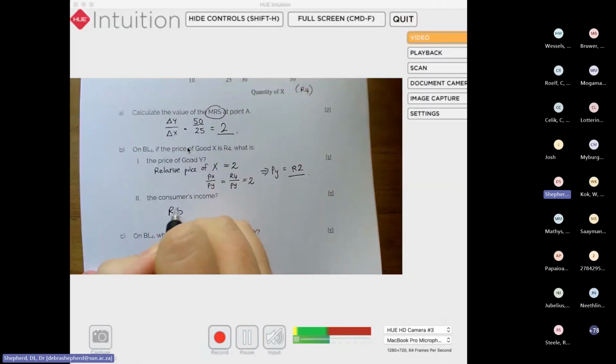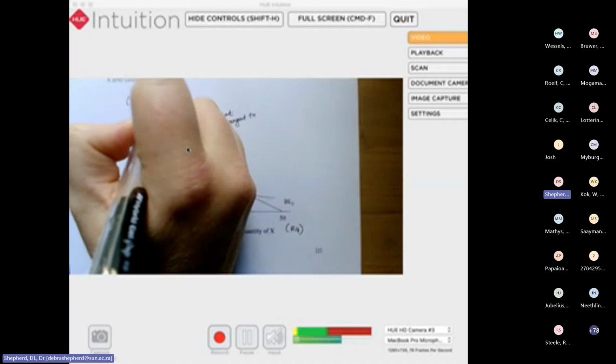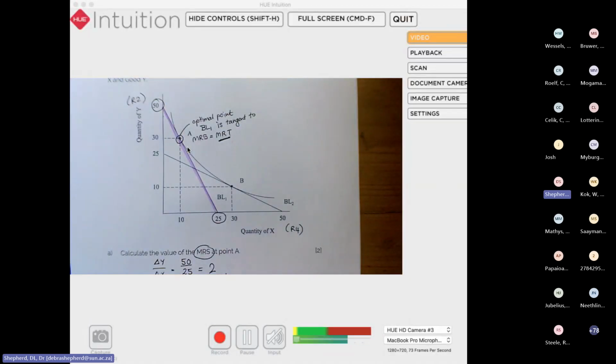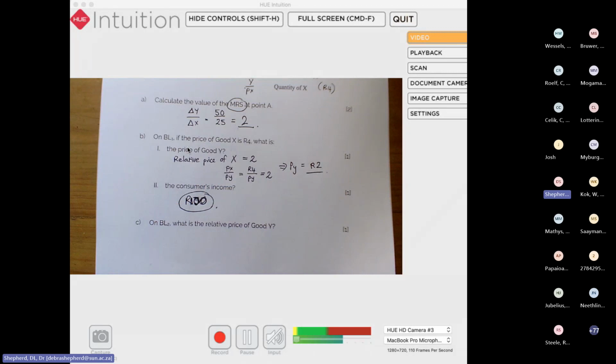It is 50 Rand. So how do I see that it's 50 Rand? These two intercepts here, I would find as my income divided by the price. So if my price is 4 Rand, not 50 Rand, 100 Rand. Sorry, I got too excited there. It's 100 Rand.